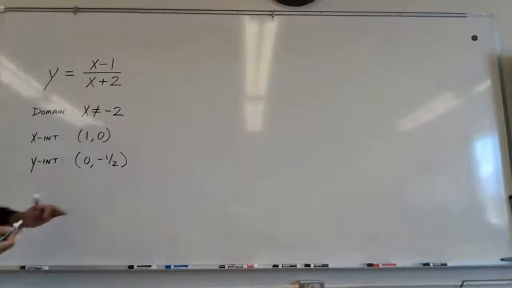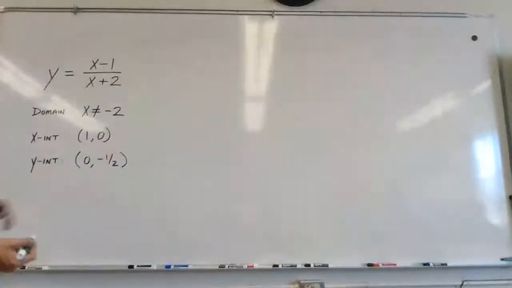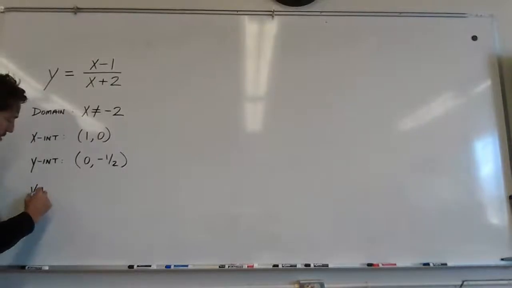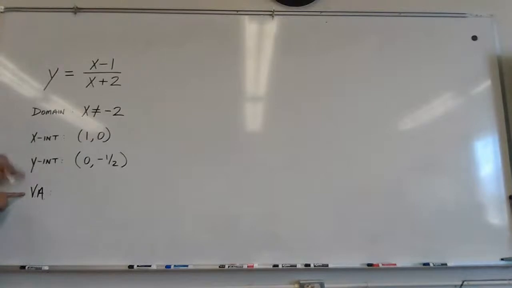Next, the last things you see there are asymptotes and end behavior. So the vertical asymptote you're going to find is very closely tied to domain on rational functions. So let's have a quick little digression here.